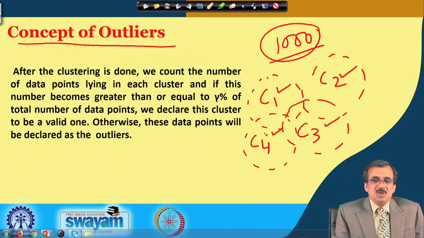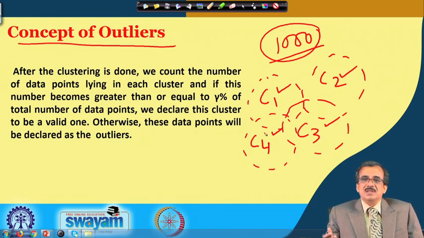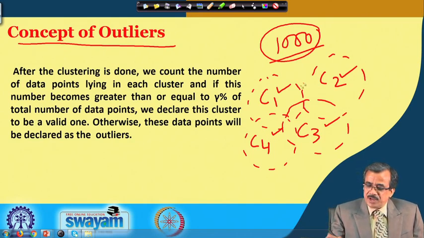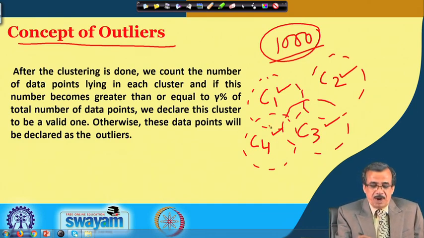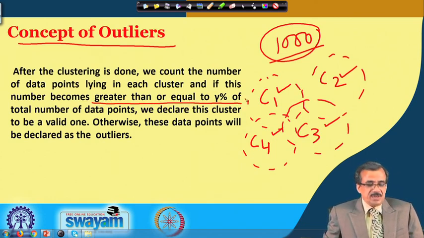After that, we try to define whether all the clusters are valid clusters, or there could be a few outliers. Outliers means those data points which do not belong to any of the clusters. So, we count the number of data points present in each of the clusters, and if that number is greater than or equal to gamma percent of the total data points, then we declare that this particular cluster is a valid cluster.